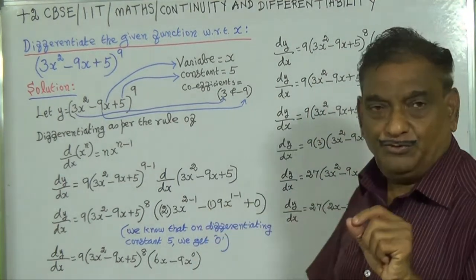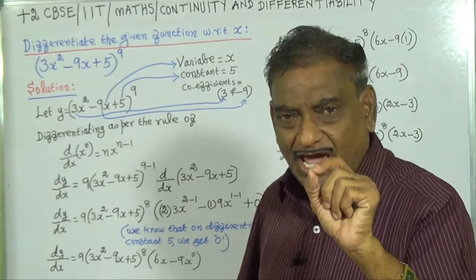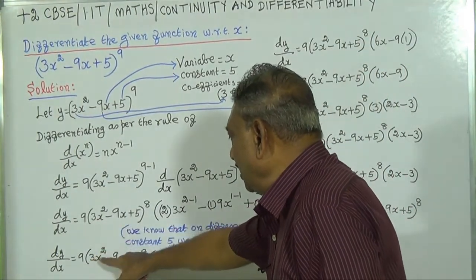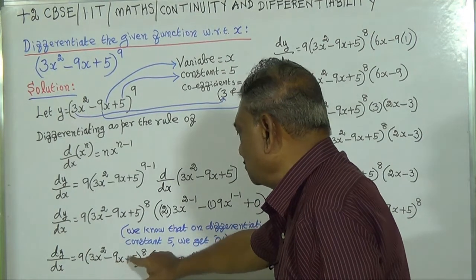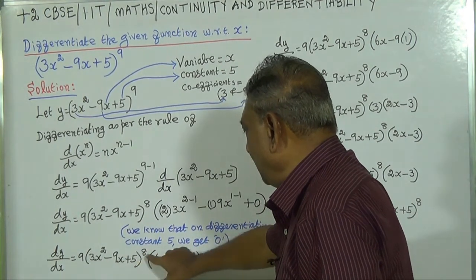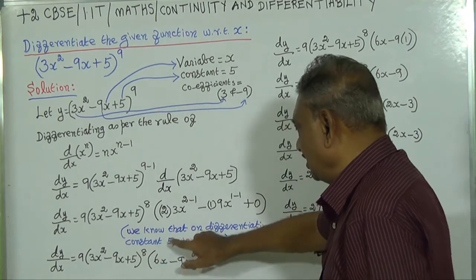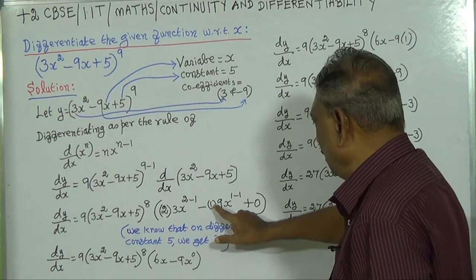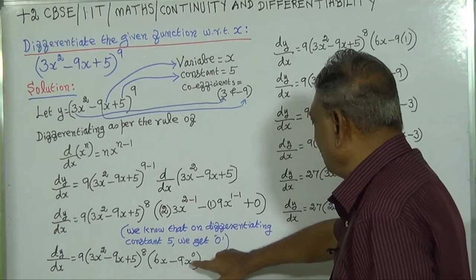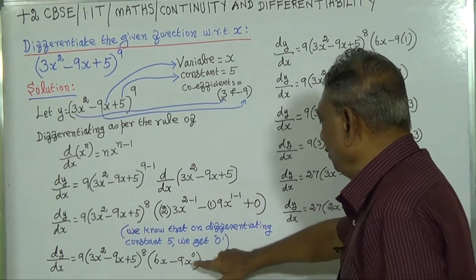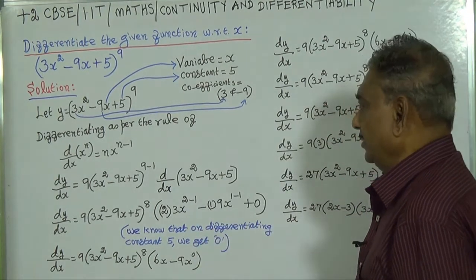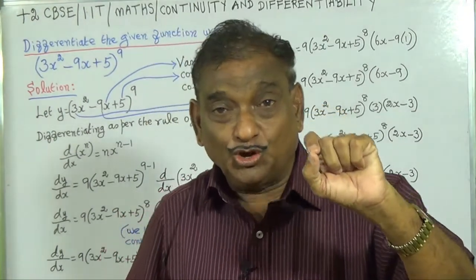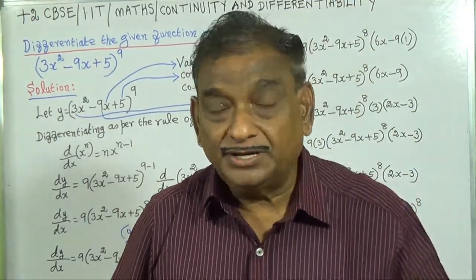Now, dy by dx is arrived as dy by dx equal to 9 into 3x square minus 9x plus 5 whole to the power 8, 2 into 3, 6, x to the power 2 minus 1 equal to x, minus 1 into 9, 9, x to the power 1 minus 1 equal to x to the power 0. We know that any number to the power 0 is equal to 1.